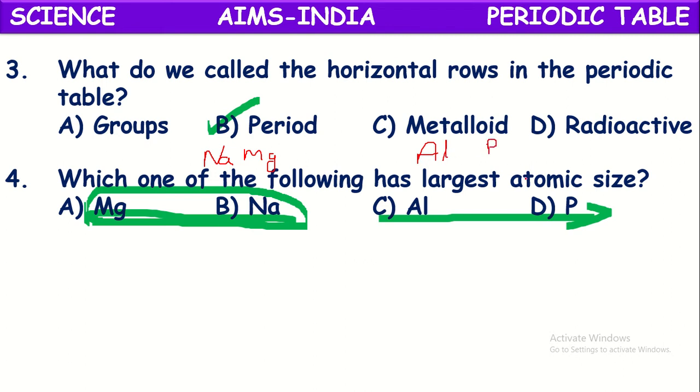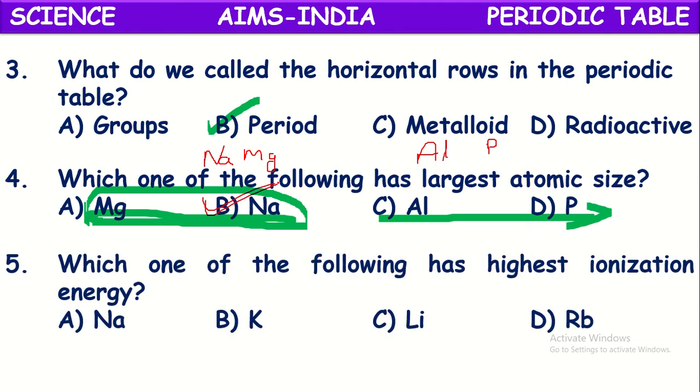Now, how can we relate these four elements? These all are in the same period. In a period from left to right, atomic size decreases. The starting element, the alkali metal, will be having the greatest size in any period. Among these, what is the alkali metal? Sodium. So, sodium is having the greatest size among these all.